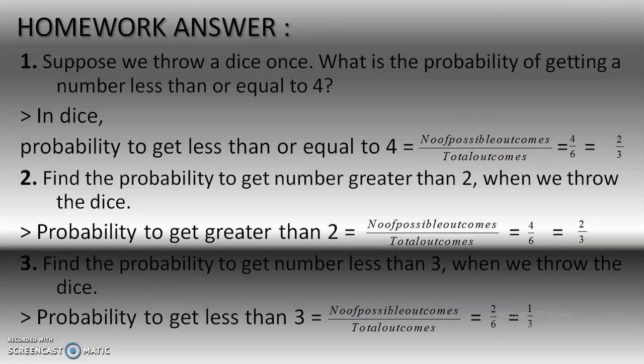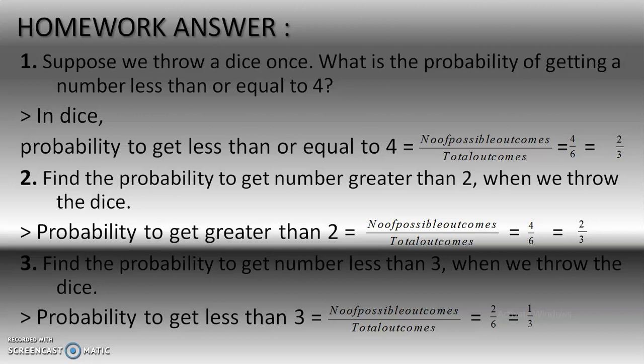So the probability equals number of possible outcomes divided by total outcomes, which is 4 by 6. 4 by 6 means 2 by 3 because 2 twos are 4 and 2 threes are 6. So the answer is 2 by 3.